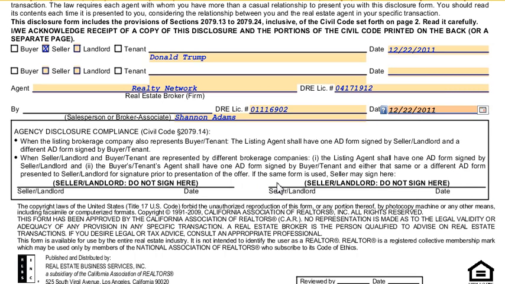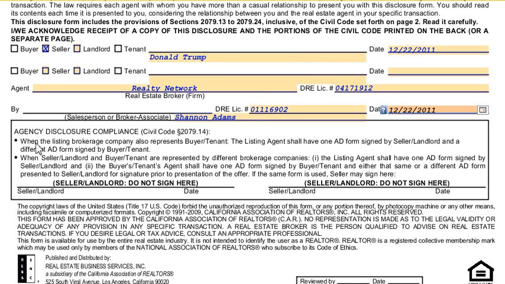Now, in some transactions, you're actually going to have more than one of these disclosures. And so I think it's very important that you read this box. In fact, let's read it together because it describes exactly how and when to use these forms.